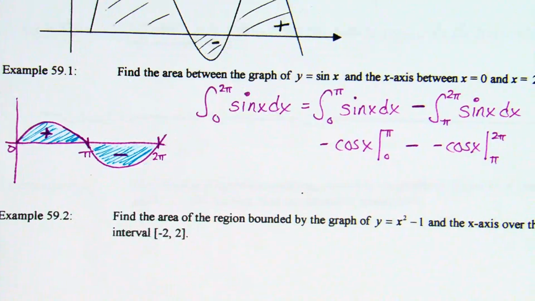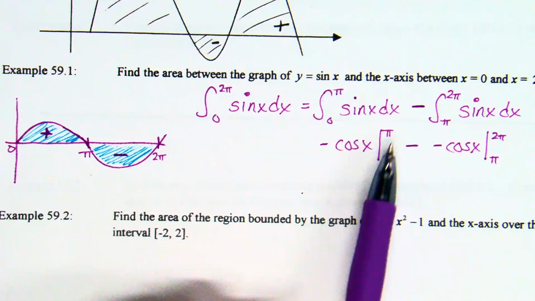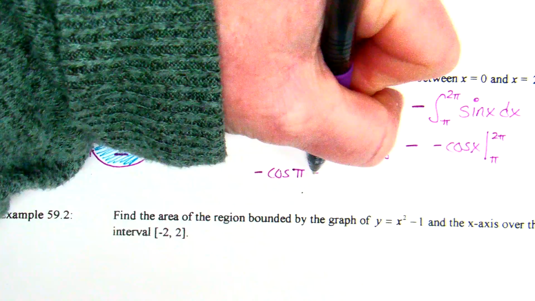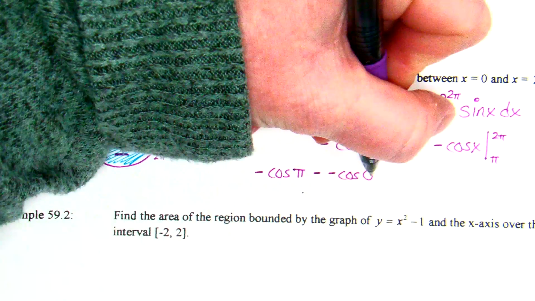Remember how to use the fundamental theorem of calculus here? That's officially what it's called, which is why I'm throwing it out there. The fundamental theorem of calculus just says that you plug in pi and then subtract what you get when you plug in 0. So if I write this out, it's negative cosine of pi minus negative cosine of 0.